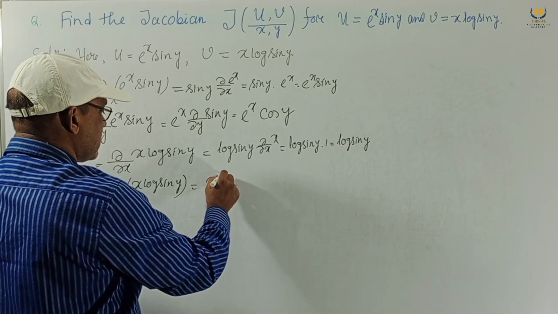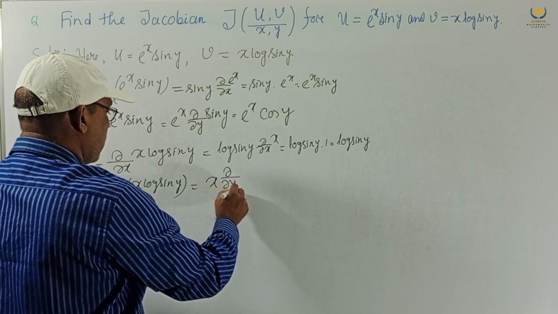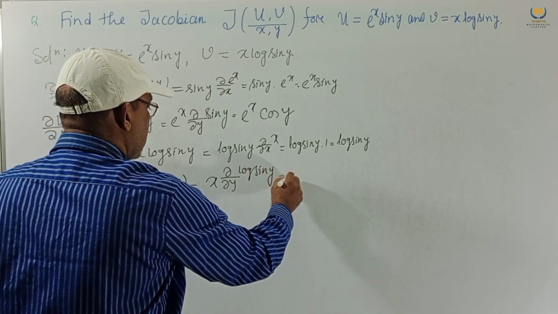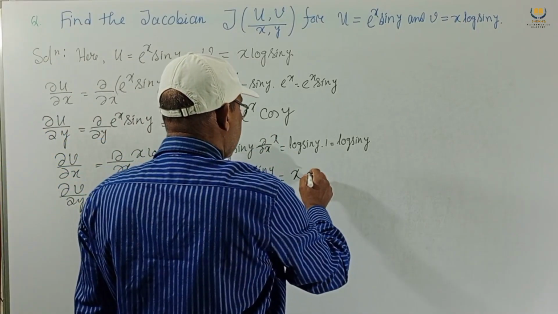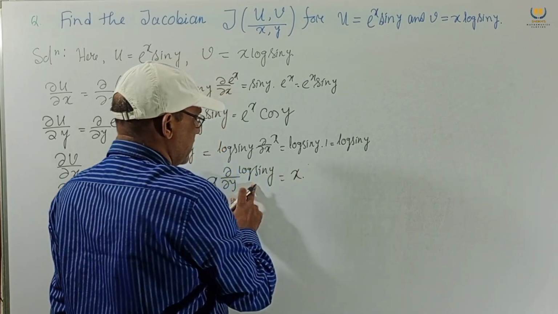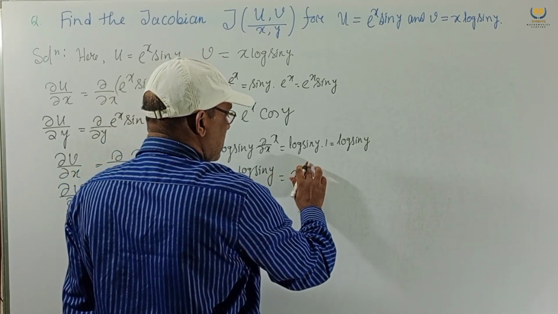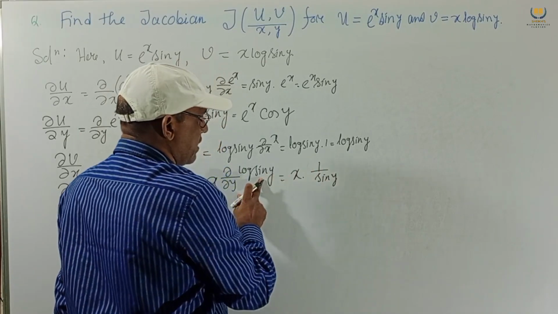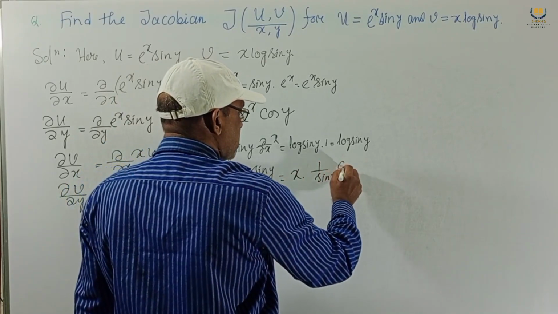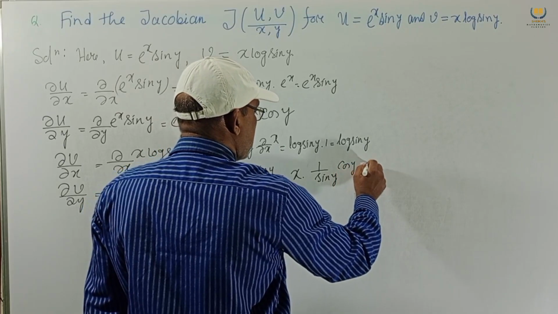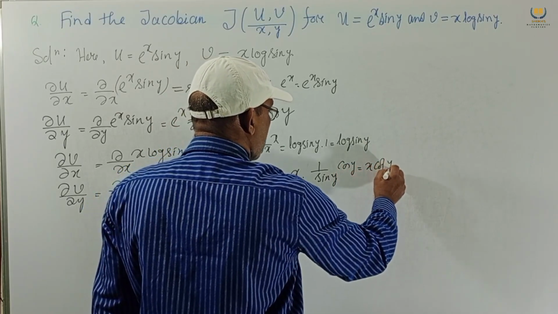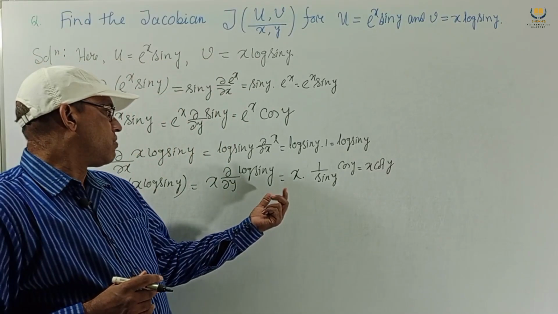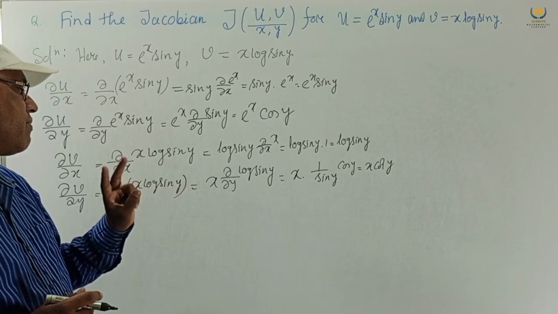This is x times ∂/∂y of log of sin y. This is d/dx of log means 1 by sin, 1 by sin, and d/dx of sin means cos. This is cos y, and this will be x cot y. We get this one. So we have ∂v/∂x, ∂v/∂y.